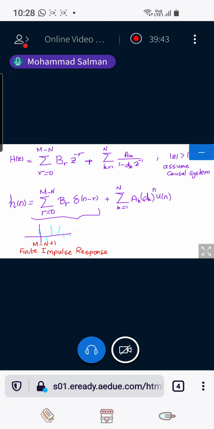Okay? Clear? Well, in the second one, I have u of n. If you remember, u of n is a function that goes up to infinity, right? So what do we have here? We have an infinite impulse response. The number of samples in this function is infinite.